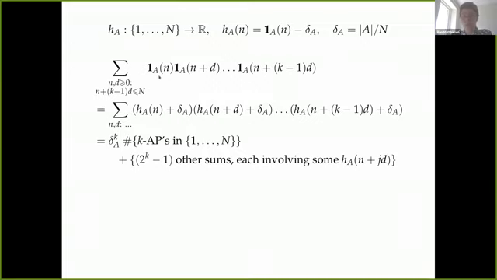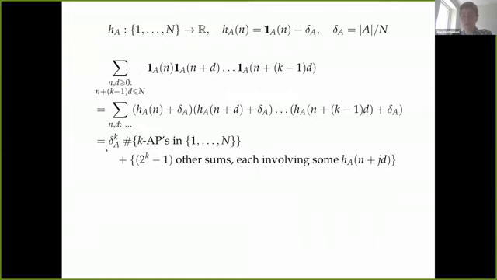Now we replace the indicator function by the function h A plus the density and obtain the next expression. And here we may multiply out the product in the sum. If you multiply out, you pick up one contribution that comes from selecting each constant term in each factor.